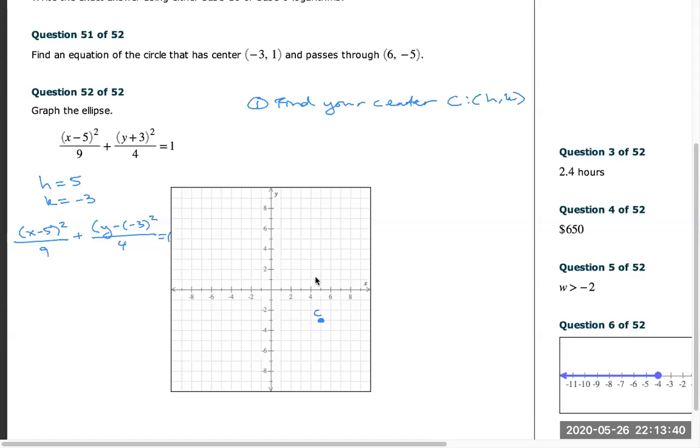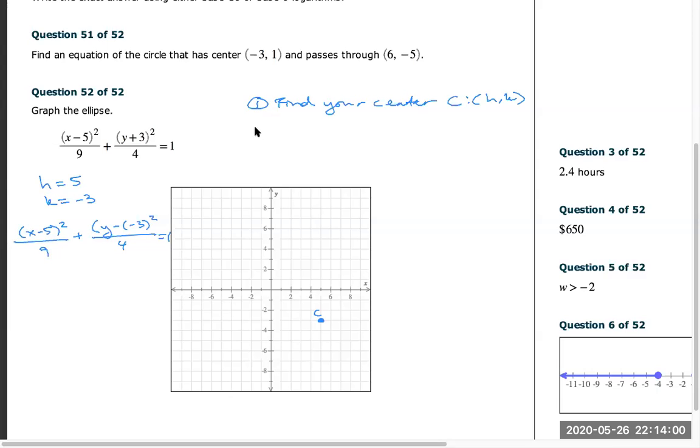Now here's the beautiful part about graphing your ellipse, and circles actually, if you had to graph them. You really just need to look out for what A and B are, your semi-major and minor axes.